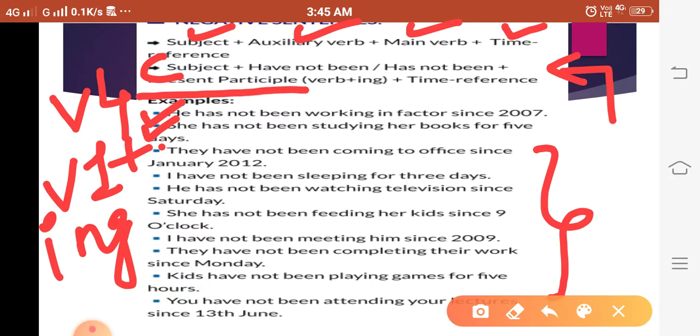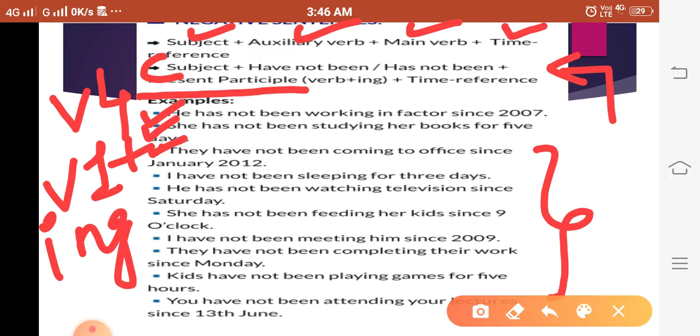You focus on whether the subject is right, whether the use of auxiliary verb is right or wrong, whether the fourth form of the verb is used or not, and that the timing should be correctly written, with since for particular timing, with for for time period. All right? Okay.